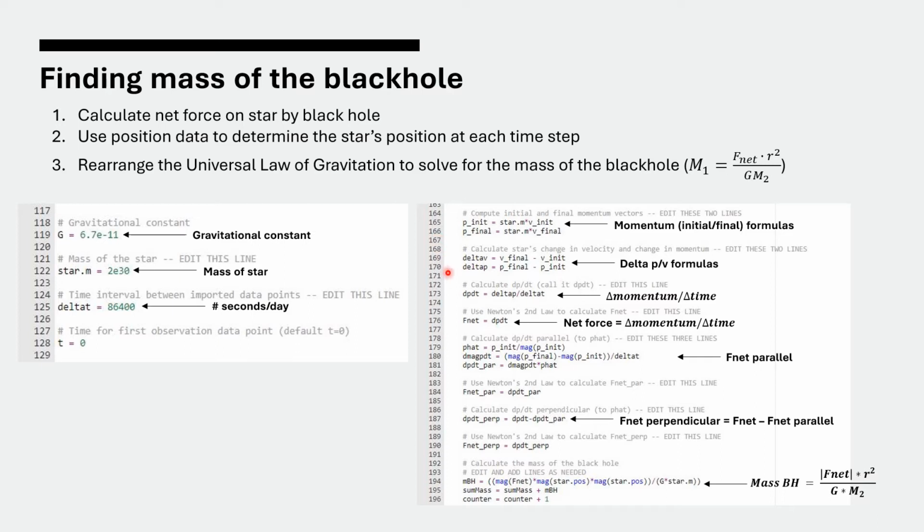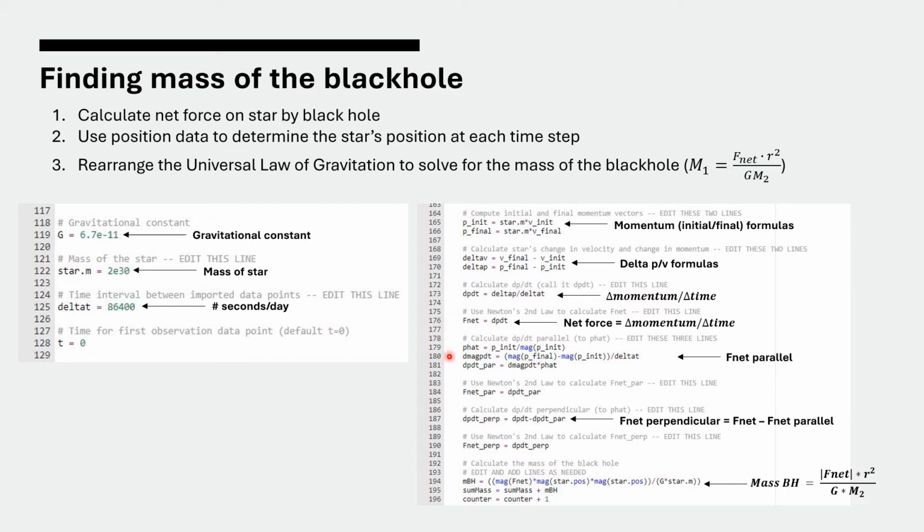Then we have our delta formulas: delta velocity is velocity final minus velocity initial, and delta p is p final minus p initial. Then we have dp/dt, which is the change of momentum over time, the rate of change of momentum, and the net force is actually equal to the rate of change of momentum.